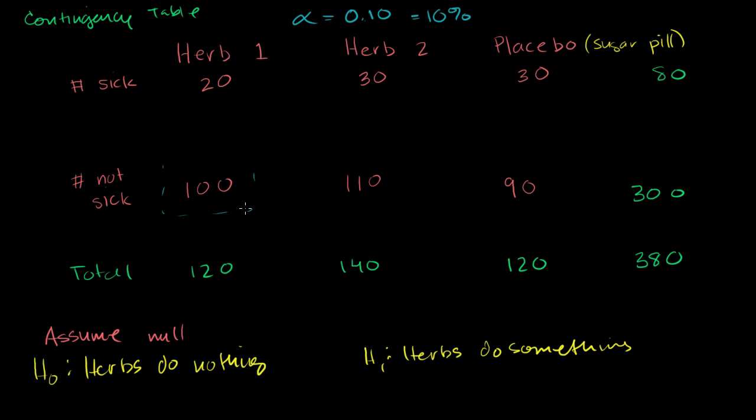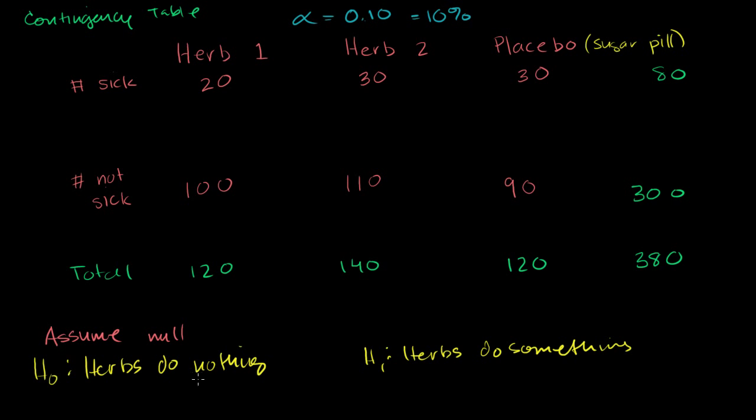We figure out the expected value assuming the null hypothesis, then find the squared distance from that expected value and normalize it by the expected value. We take the sum of all of those squared differences, and if they are really big, the probability of getting that would be really small, and maybe we'll reject the null hypothesis.